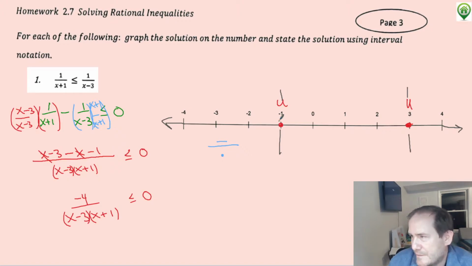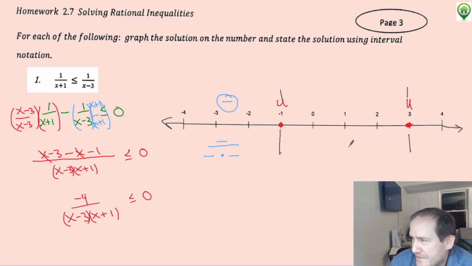So you pick any number less than negative 1, doesn't matter what it is. But if I'm less than negative 1 and you take away 3, I'm going to be negative. If I'm less than negative 1 and you add 1, well, adding 1 isn't enough. It would still be negative. And then 3 negatives gives us an overall value that will be negative.